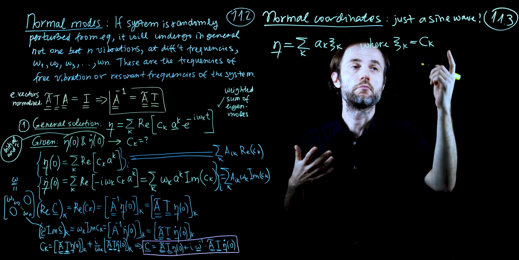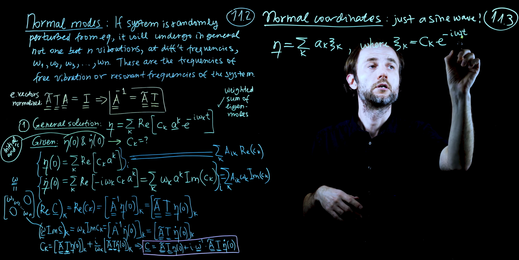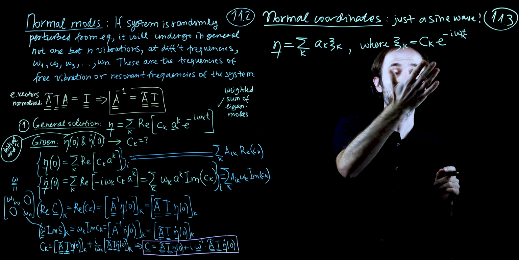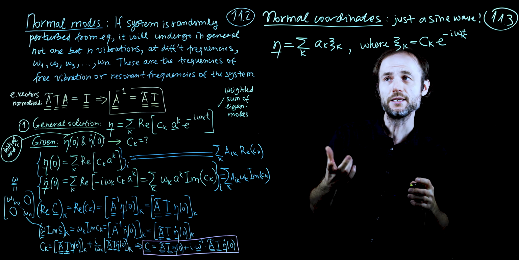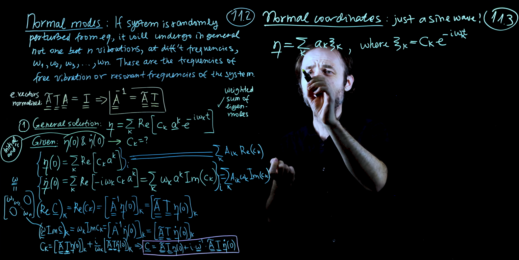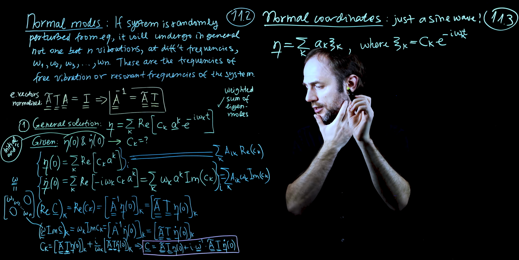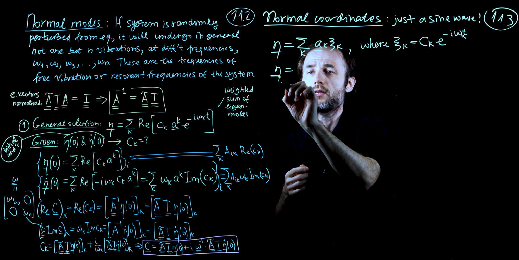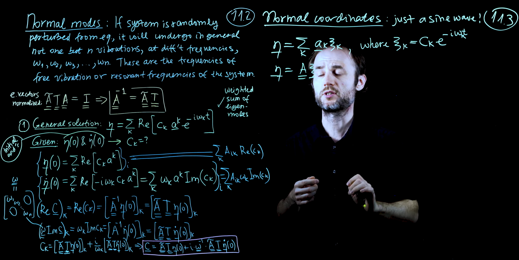It's just some amplitude times the sinusoidal variation. It's just a sine, e to the minus i omega k t. So in matrix form, what we're going to get is that eta is equal to A times psi.